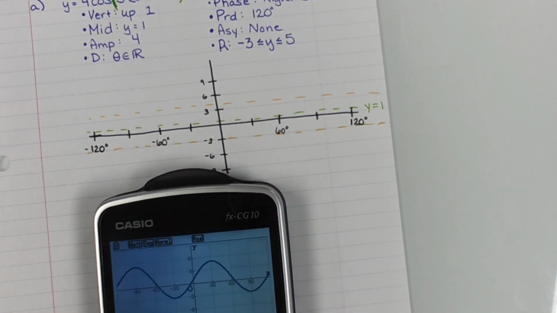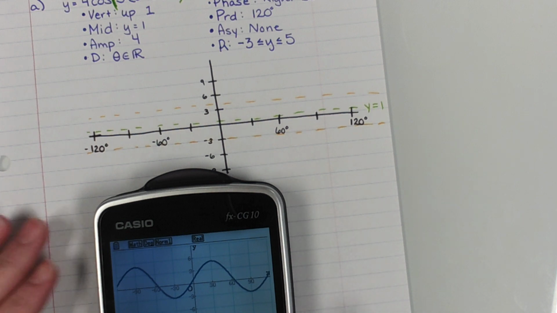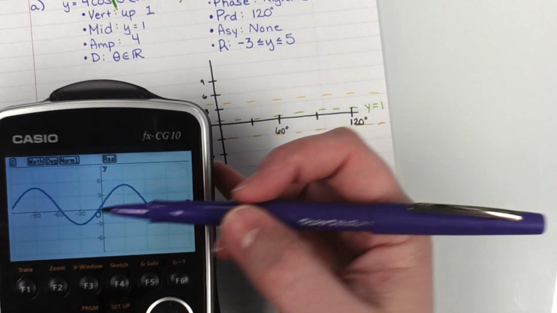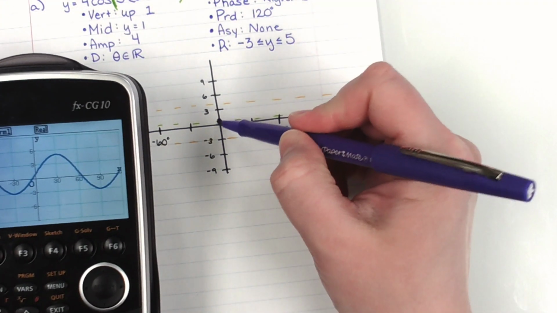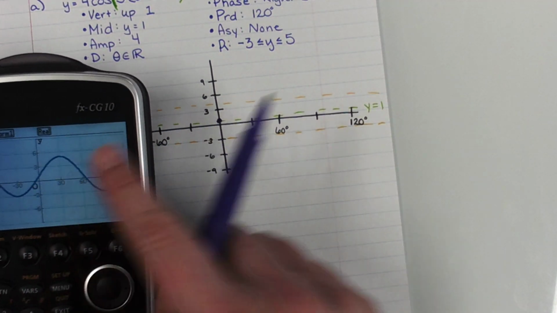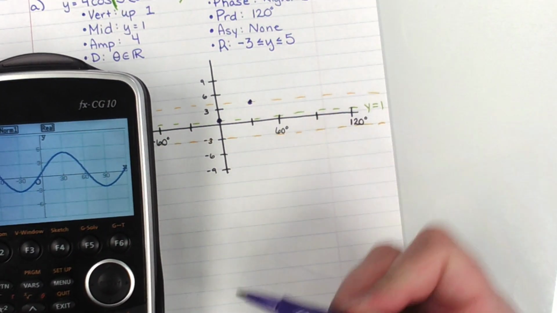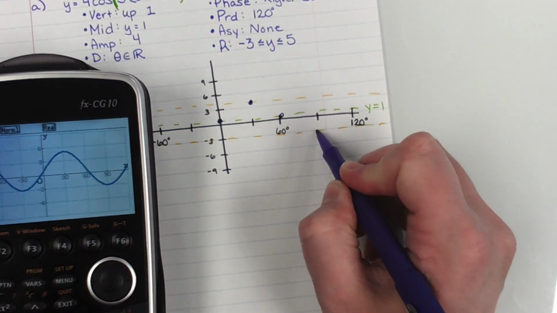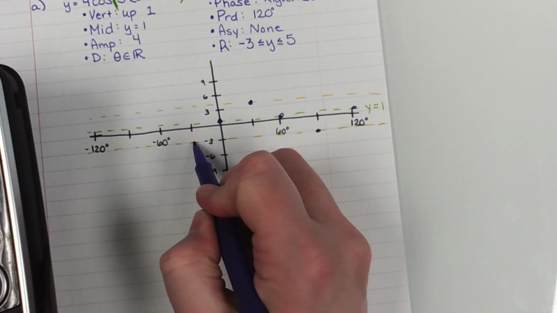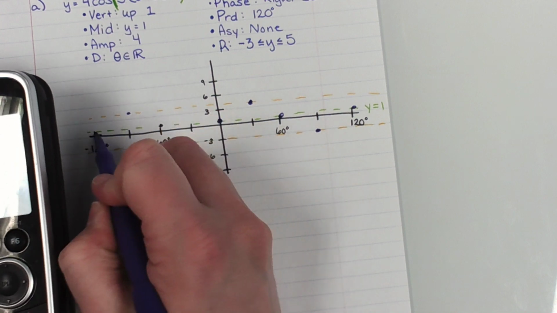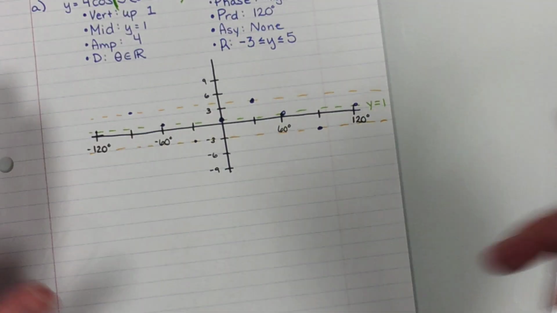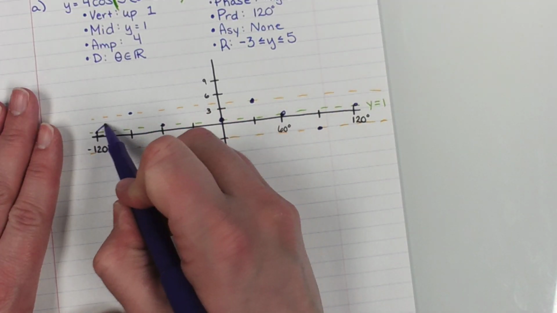And now I can look at my graph and say, well, maybe I don't know exactly which point is the quote-unquote starting point, which is not actually a thing, it's just what we wrote. I could tell that at the middle of my graph, it's on the midline. One tick over, it's at its maximum. Mid, min, mid, min, mid, mid, min, sorry, max. Max, mid.